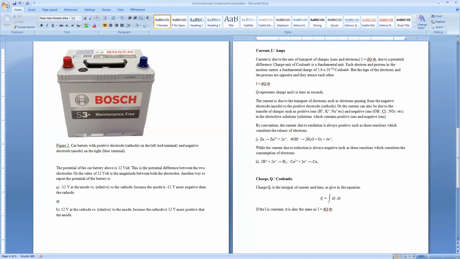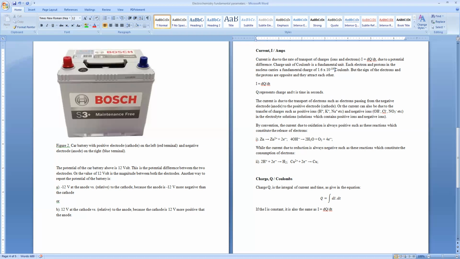Okay, so the current can be due to the transport of electrons, such as electrons passing from the negative electrode to the positive electrode along the wire. Or the current can also be due to the transport of charges, for example positive ions and negative ions in the electrolyte solution. Because for example, in the battery, you have the electrolyte between the two electrodes.